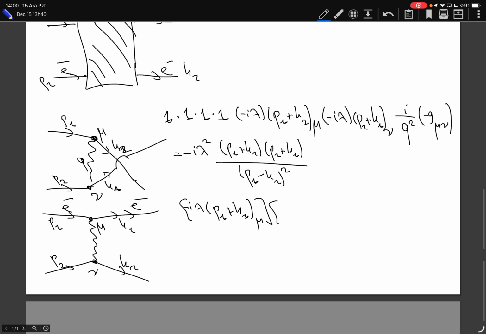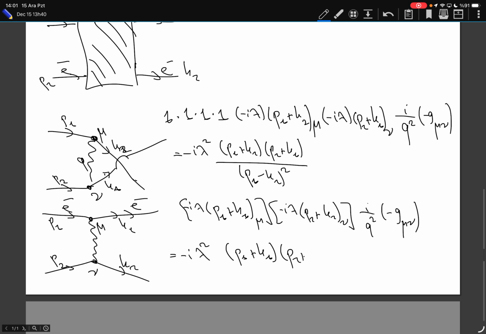For the other vertex, I have minus i lambda (P2 plus K2) nu. Then I have the photon propagator i over Q squared times minus g mu nu, which will give minus i lambda squared (P1 plus K1)(P2 plus K2) divided by (P1 minus K1) squared. Also, instead of minus, you have to get plus, because of that minus g mu nu. Yeah, you're right.